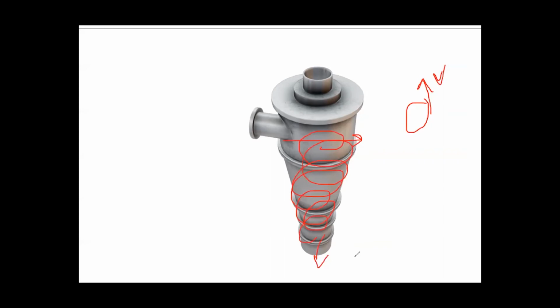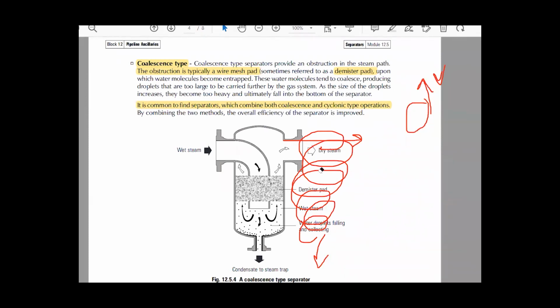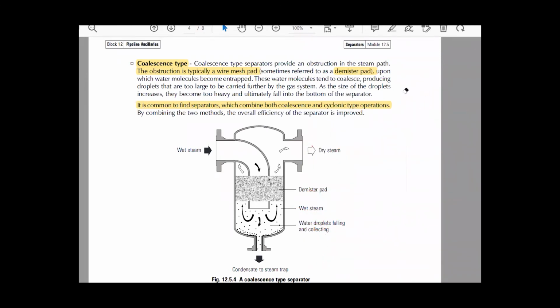In the steam trap set the water collects together, and the steam passes away from another port, as I can show here. Okay, so I will explain that.